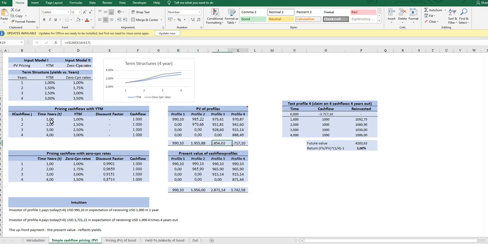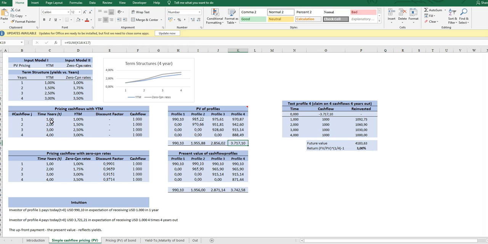So profile 4 is willing to pay 3,717.10 to get an expected 4-period cash flow dynamics that looks like this.